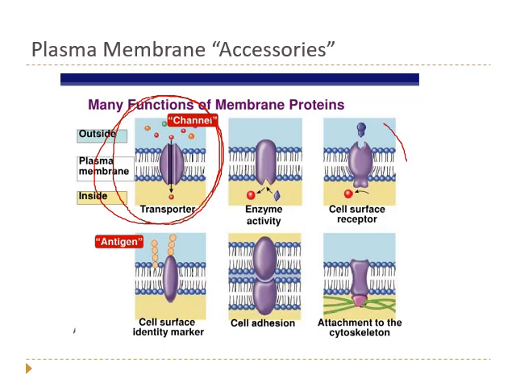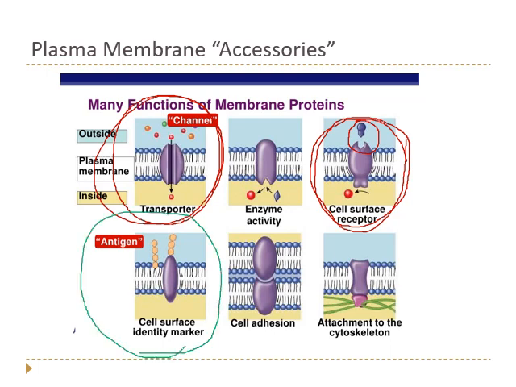We also have receptors. So when we talk about hormones, a lot of times a hormone needs a receptor to bind to in order to be able to do its job. But what we're going to talk about today, the type of plasma membrane protein we're going to talk about today, is antigens. So antigens, as it says here, are cell surface identity markers.